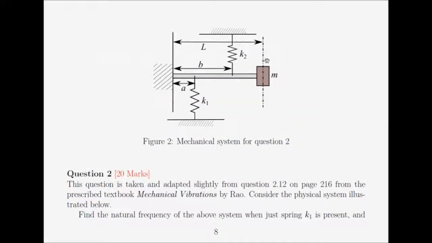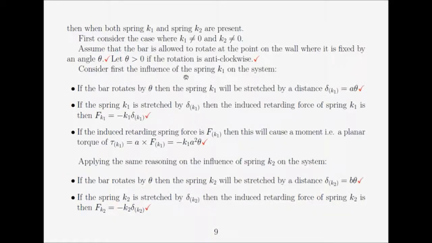We find that the vertical deflection of the spring K1 in an upwards direction would be the radius A times the angle theta. Therefore, delta K1 is equal to A times theta. Now, it's a spring. The retarding force is minus the spring constant times the deflection, so minus K1 times delta.